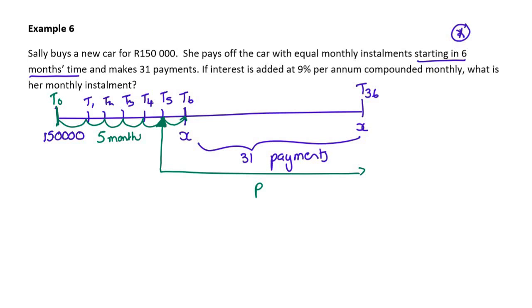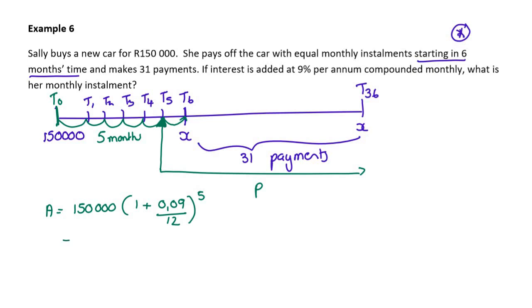So for 5 months, I just need to add on compound interest. Now, not 6 months, which is quite tempting because she only pays in 6 months' time, because there is 6 months worth of interest added, but the annuity formula automatically adds on an extra month for you.